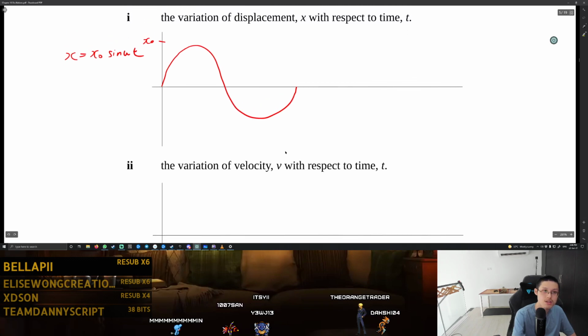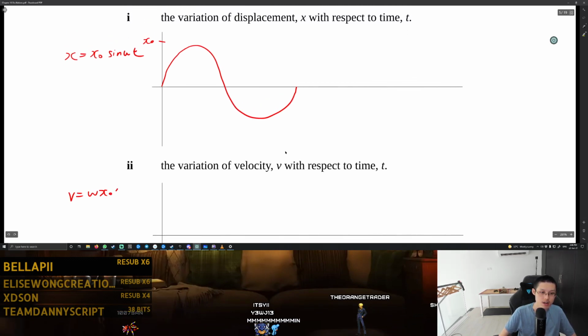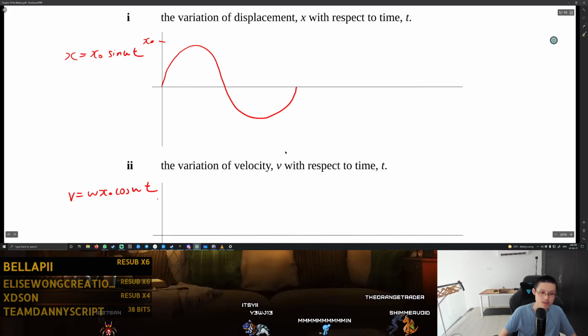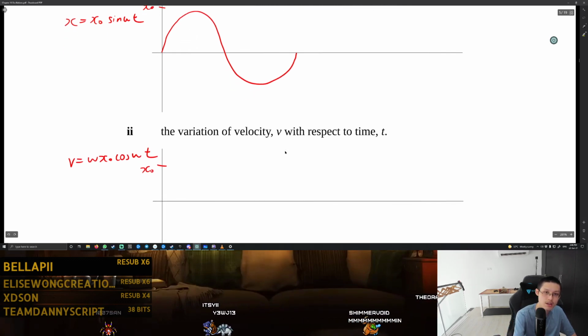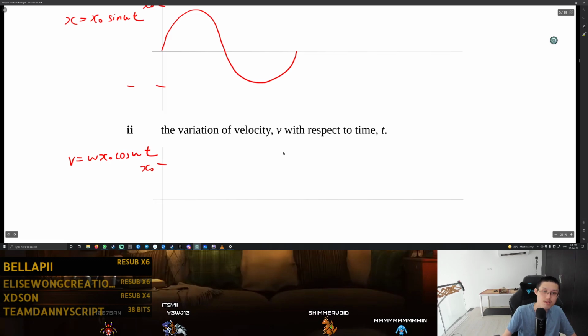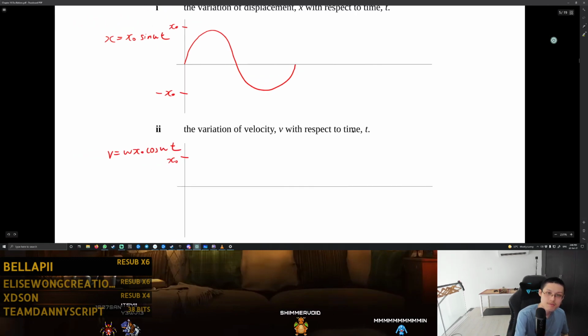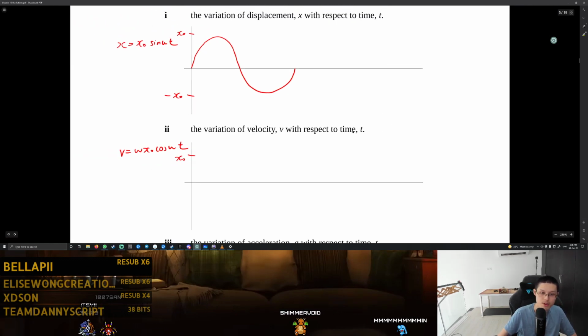And then for velocity, imagine you differentiate this, you get this guy here. So again, the maximum is x naught and negative x naught. So this would just give you something like that.